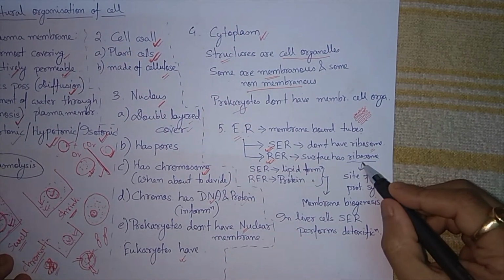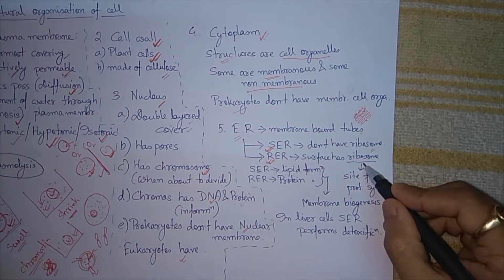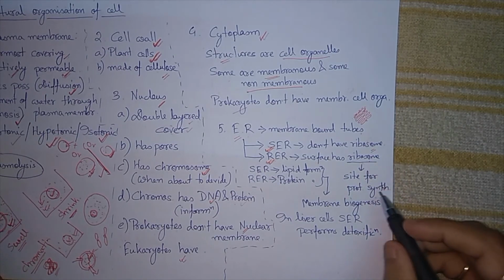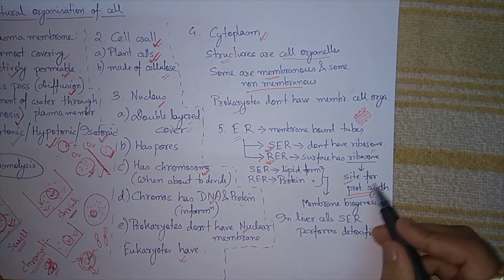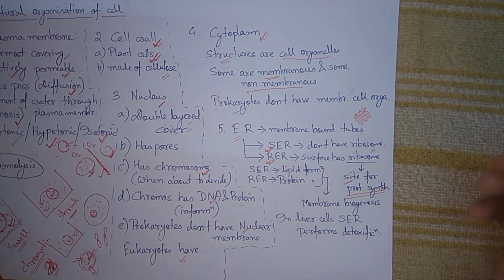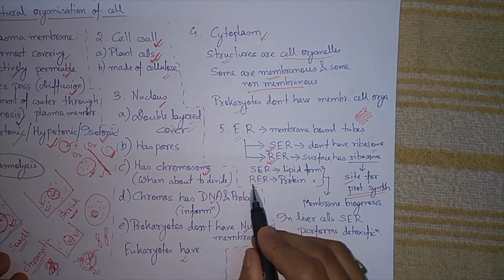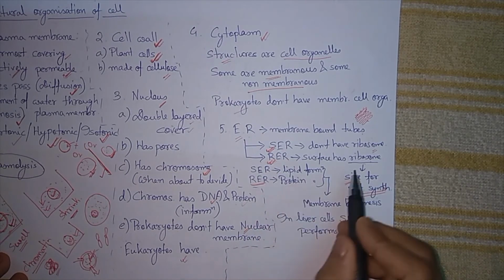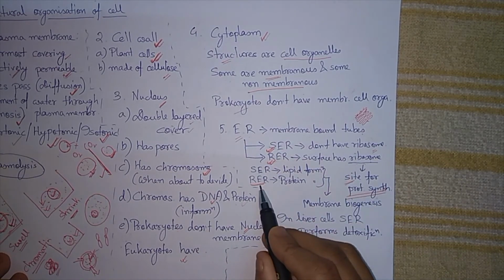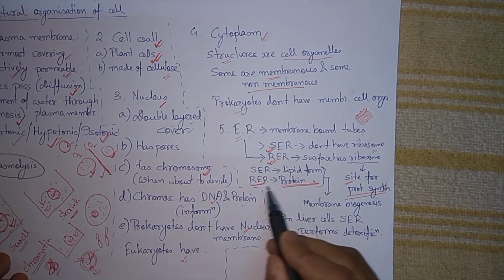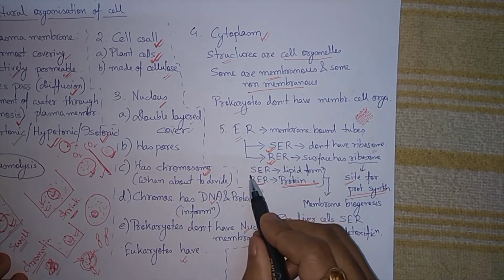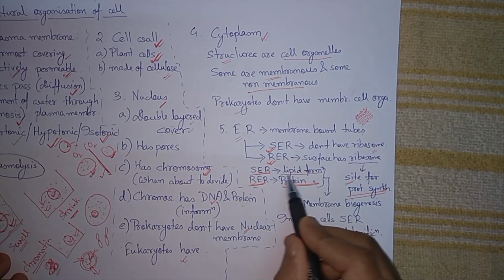Okay. Ribosomes are also cell organelles. These cell organelles help in protein synthesis. These are the site, the place for protein synthesis. So RER, rough endoplasmic reticulum, they have ribosome. So that means they help in protein formation. RER helps in protein formation due to the presence of ribosome, whereas SER helps in lipid formation.